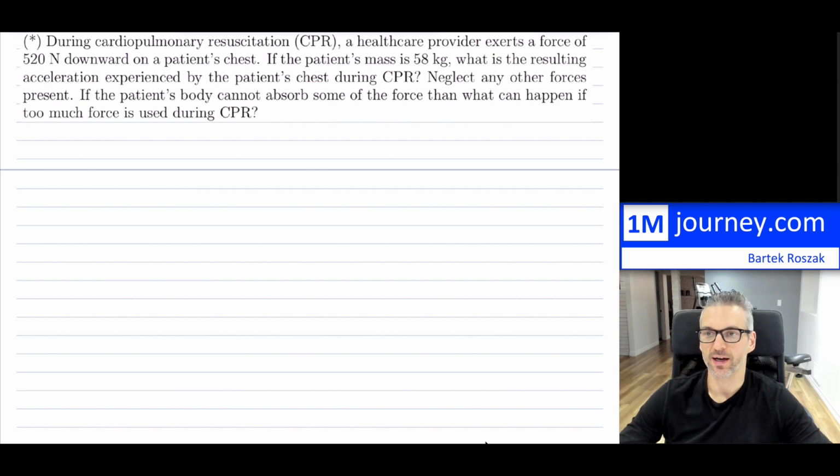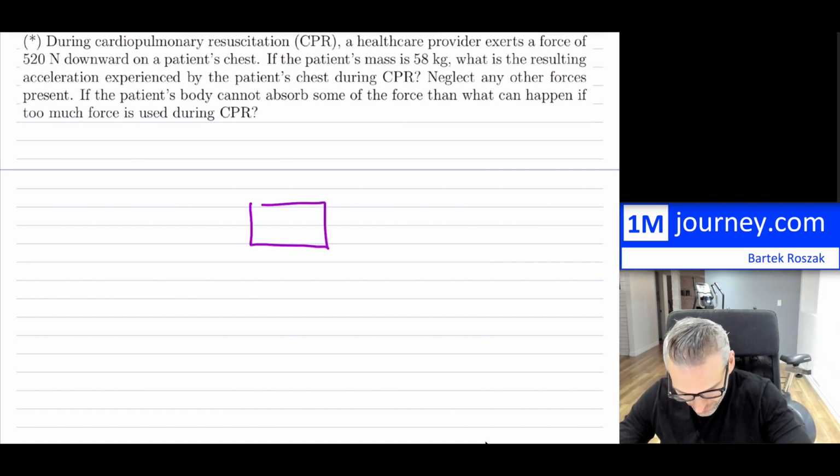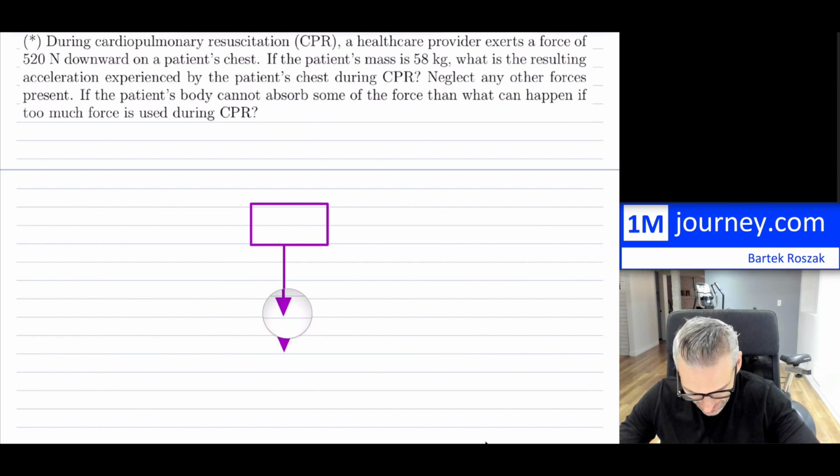So during cardiopulmonary resuscitation, just CPR, a healthcare provider exerts a force of 520 newtons downward on a patient's chest. Okay, so that's the patient. Free body diagrams are kind of neat.